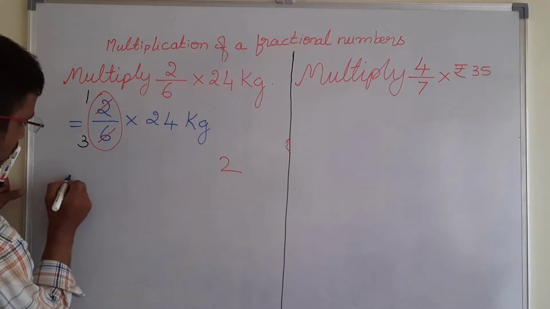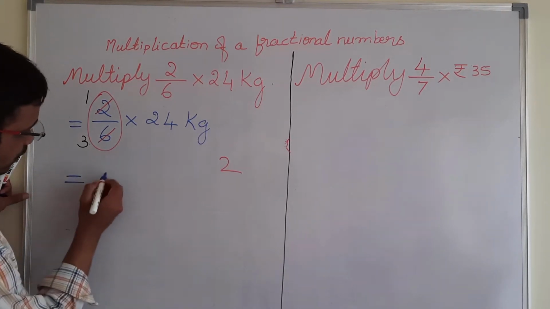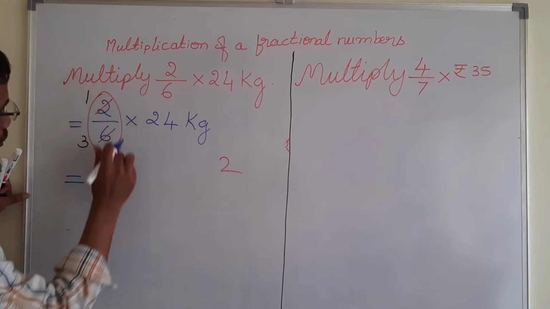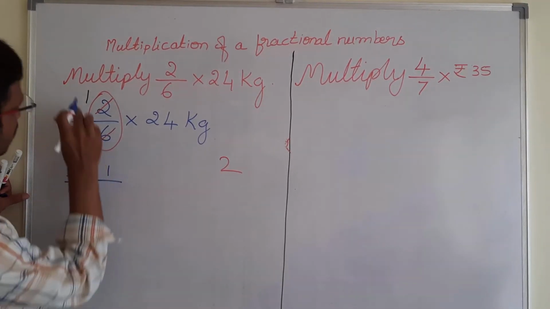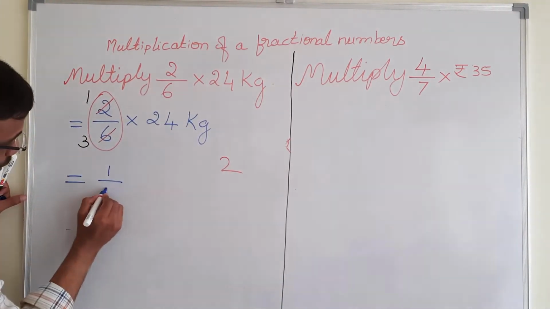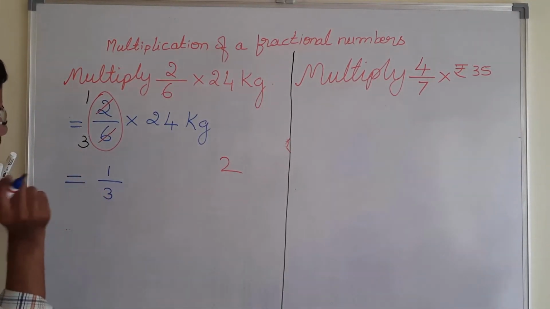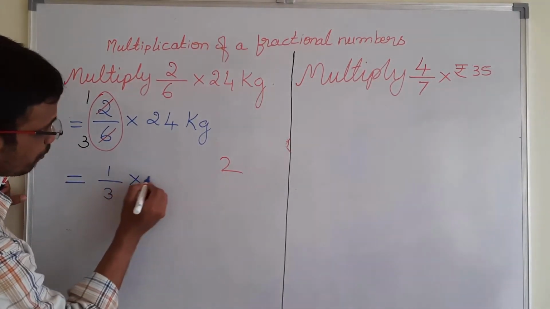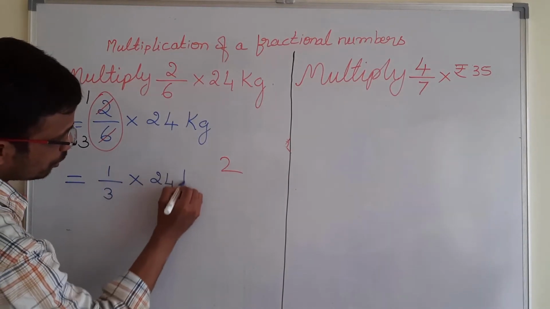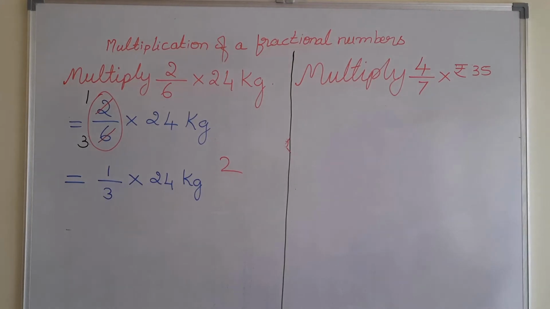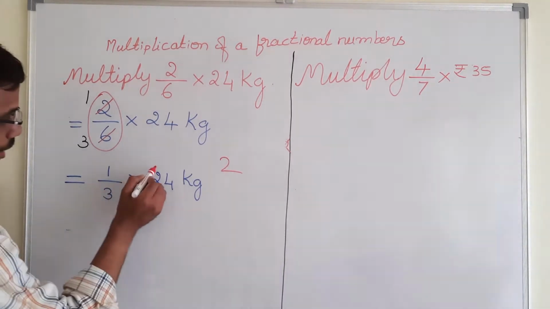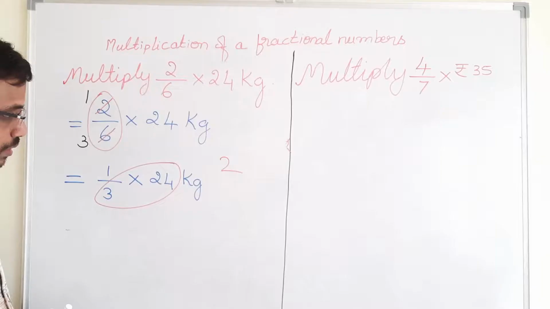Next step is I will write the simplest fraction of this one. I got it as 1 in the numerator, 3 in the denominator, multiplied by 24 kg. Second step, we need to check the common factors of the whole and the denominator.